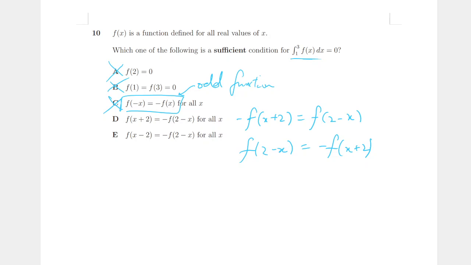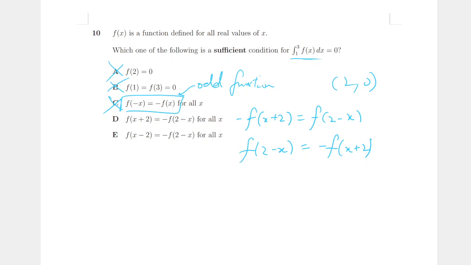So that means that after you move the graph to the left by 2, you have rotational symmetry around the origin. That means that originally, you started with rotational symmetry at the point (2, 0).